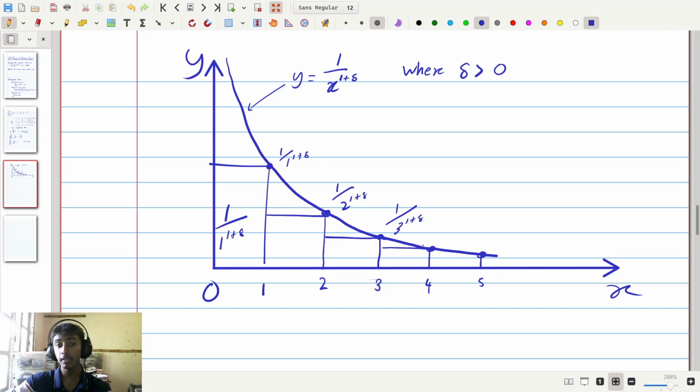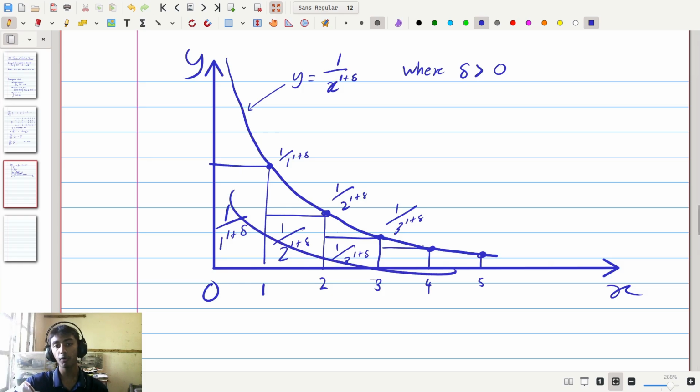Similarly, for this rectangle here, this rectangle has a base length of 1 and a height of this. So therefore, this thing is going to have an area of 1 divided by 2 to the power of 1 plus delta. The next one, of course, is going to have an area of 1 divided by 3 to the power of 1 plus delta, and so on. Consider the total sum of all of these areas.